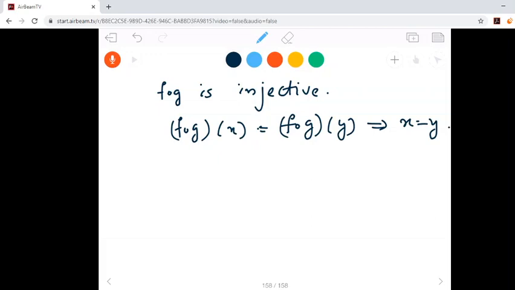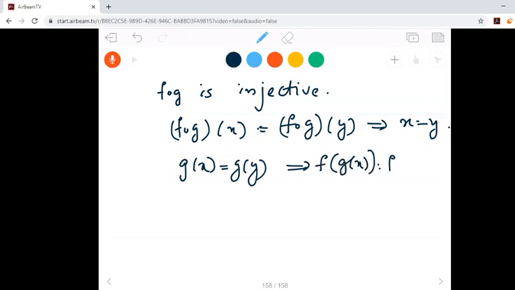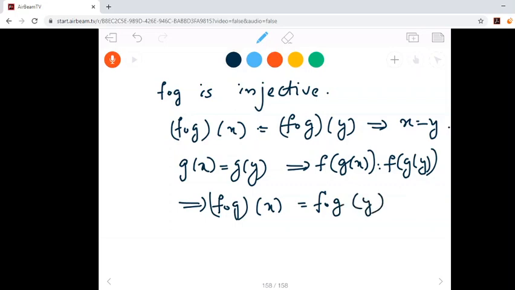Let's check. Suppose g of x equal to g of y. If g of x equal to g of y, I can apply f on both sides so that I will get f of g of x is equal to f of g of y. That means f composite g of x is equal to f composite g of y.